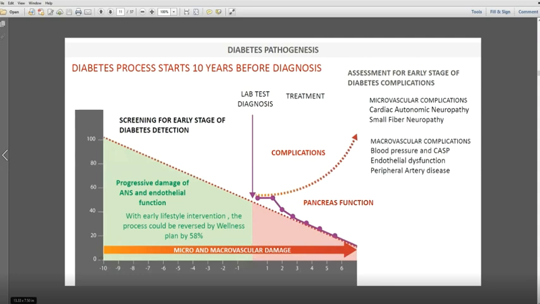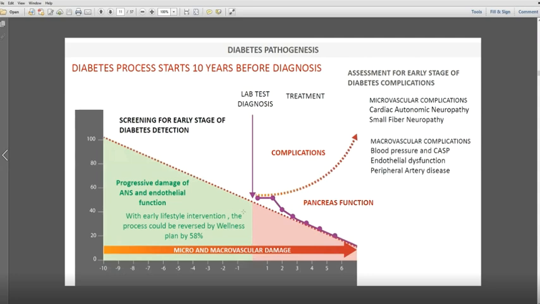Damage of the autonomic nervous system, the nerves, damage of the arteries, okay? And this is what we're capturing with our system, okay? Early detection, predictive markers, as well as markers of complications, okay? And those complications, as you know, are autonomic neuropathy, small fiber neuropathy, and then vascular problems, endothelial dysfunction, PAD, hypertension, and so forth and so on.